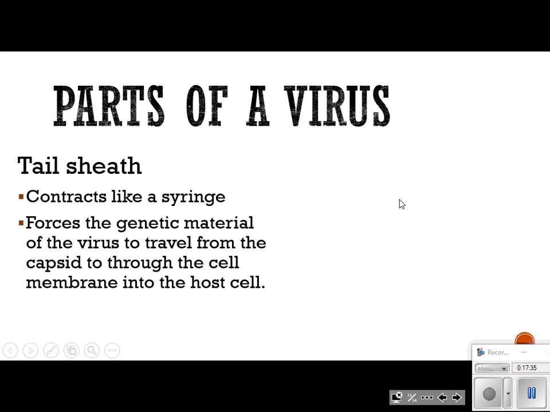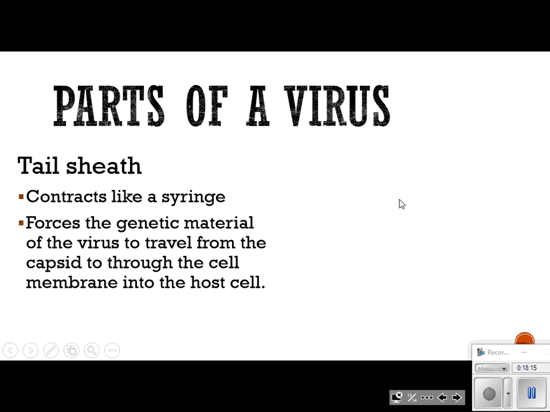It forces the genetic material of the virus to travel from the capsid through the sheath down to where the base plate has connected to the host cell's membrane. Then it travels through the host cell's cell membrane into the host cell. And we'll talk about that tomorrow.